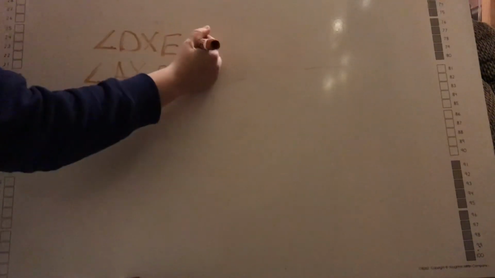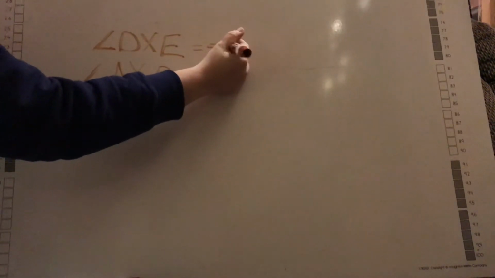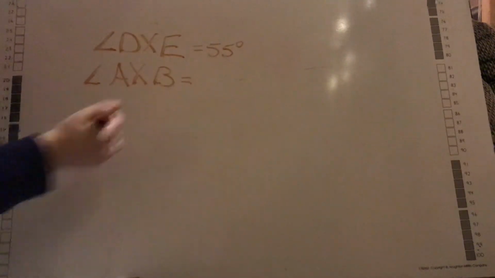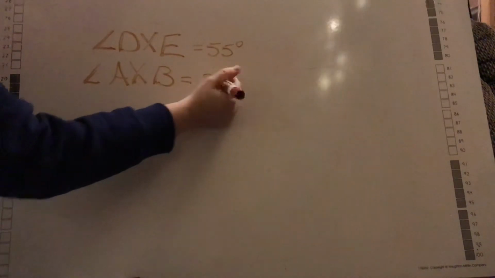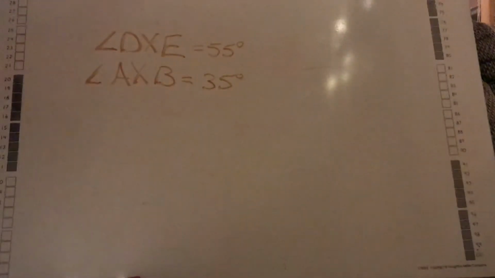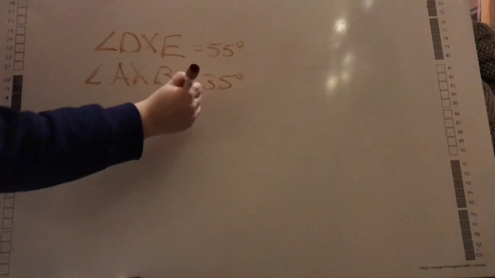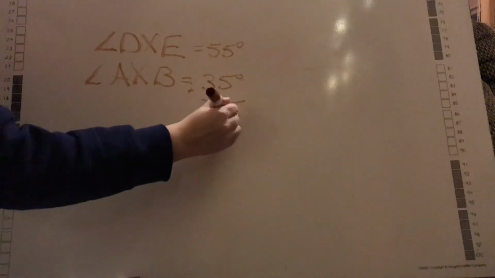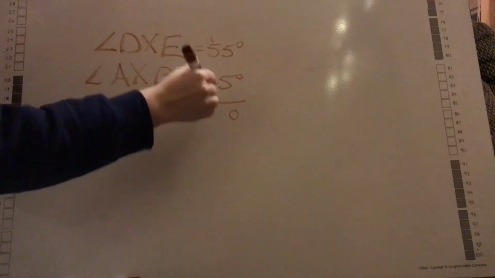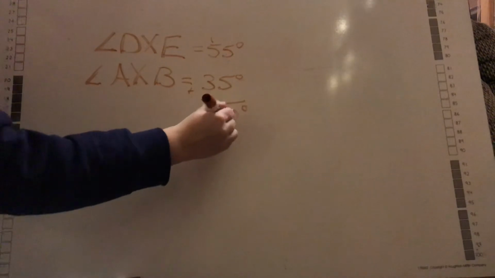So what we first have to do is look at what the measurements are for each angle. DXE, if we look at the protractor, it says it's 55 degrees. So that's the measurement of our angle. AXB is 35. So what we would do is add these together. 5 and 5 is 10, 3 and 5 is 8, plus 1 is 90 degrees.